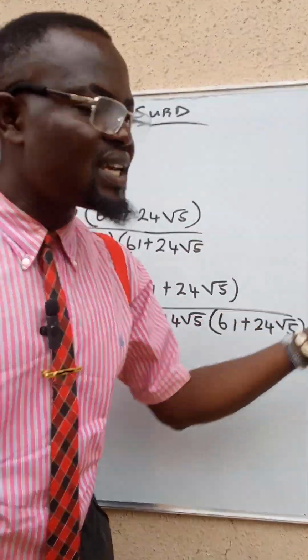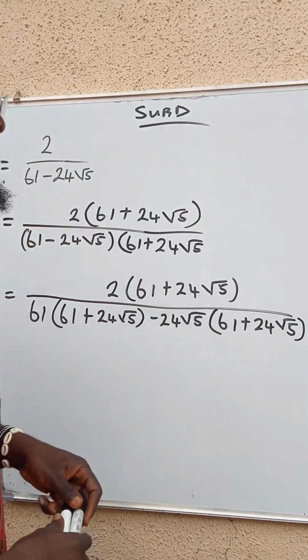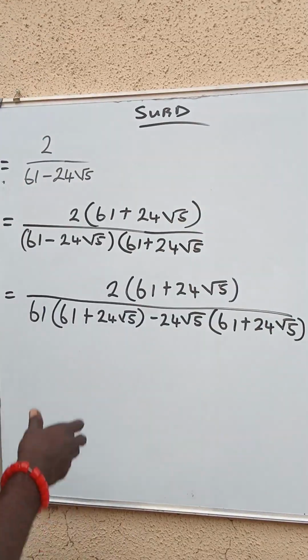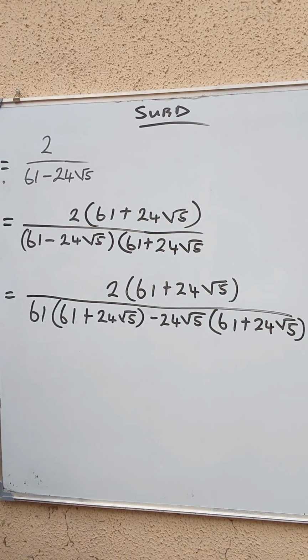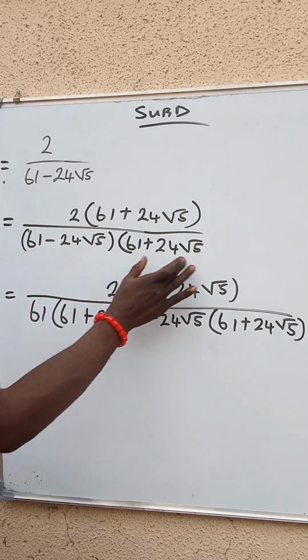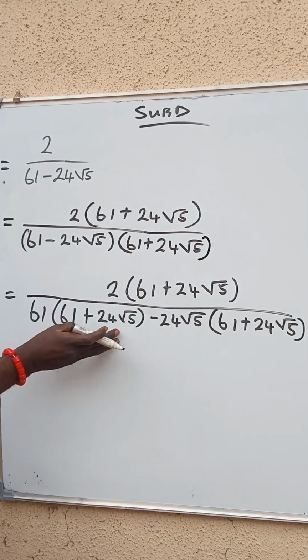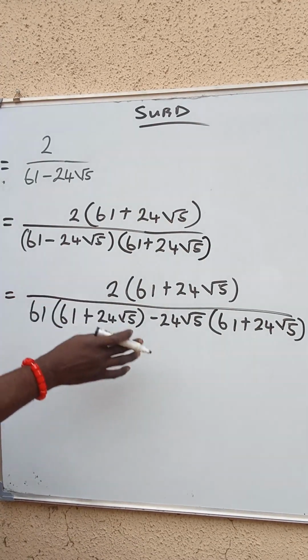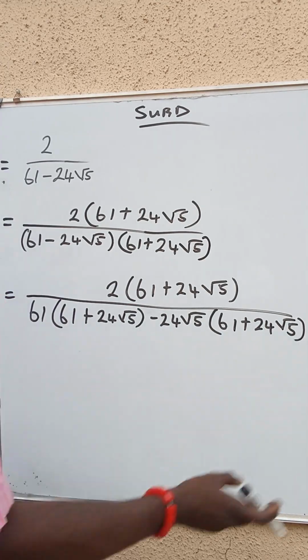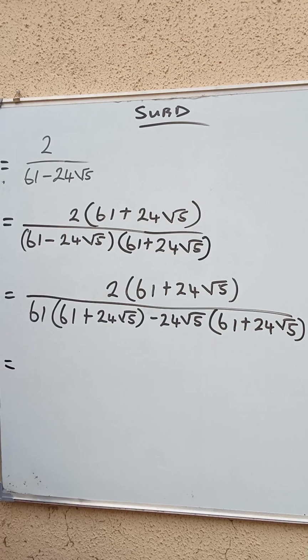We have to enjoy ourselves and break it down from here. So now see what we have. It's from here, 61. I brought 61 out. The one at the front, just as we did in that place. I brought it here. Then minus 24 root 5. The one at the front, I brought it here. So I now say equal to.